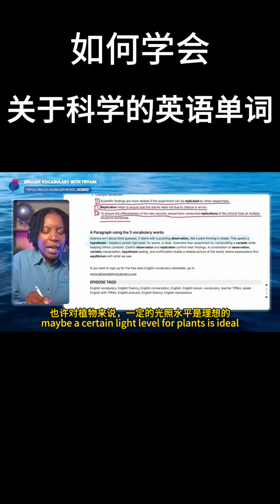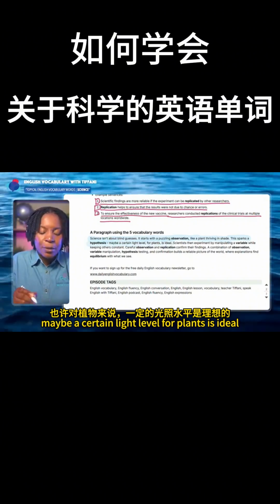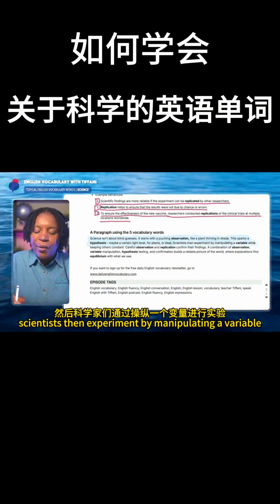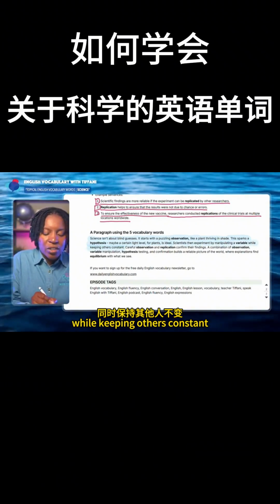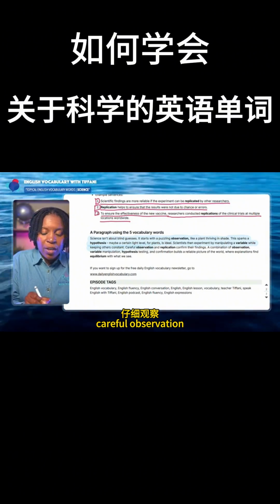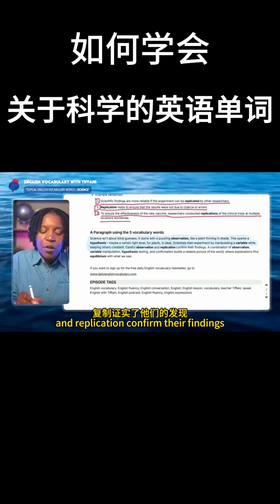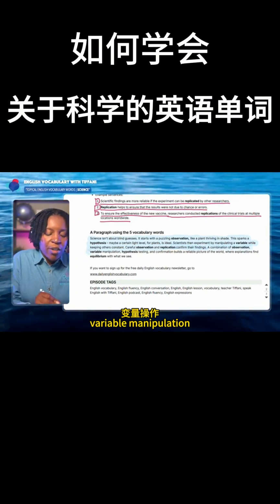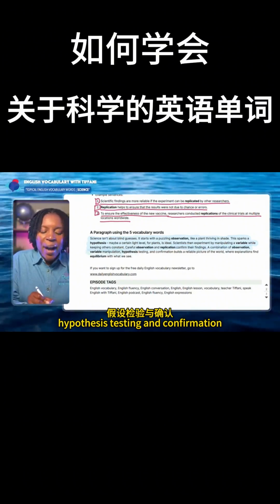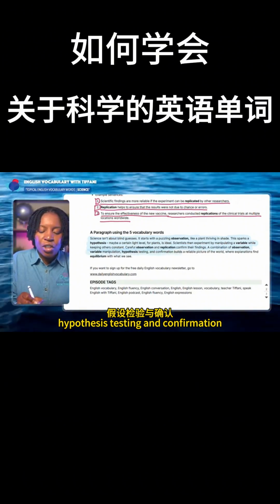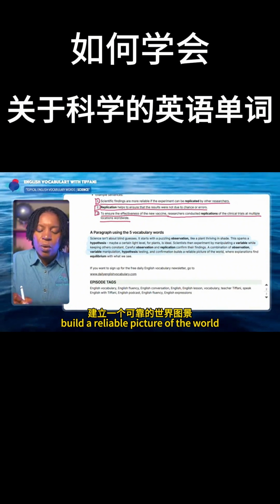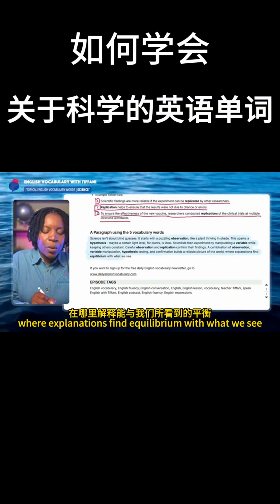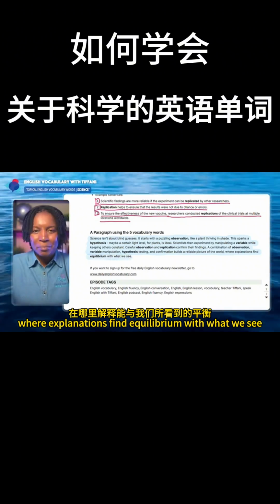Maybe a certain light level for plants is ideal. Scientists then experiment by manipulating a variable while keeping others constant. Careful observation and replication confirm their findings. A combination of observation, variable manipulation, hypothesis testing, and confirmation builds a reliable picture of the world, where explanations find equilibrium with what we see.